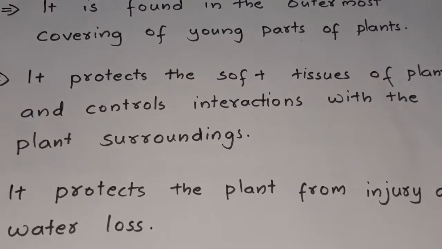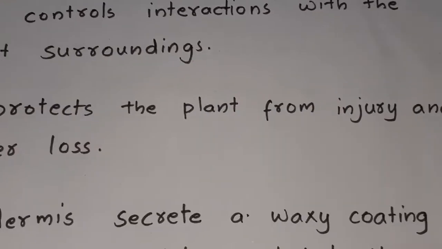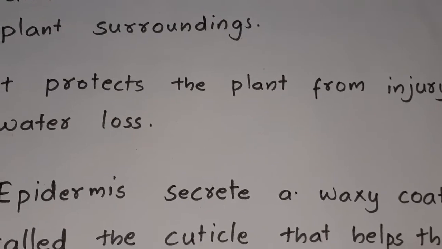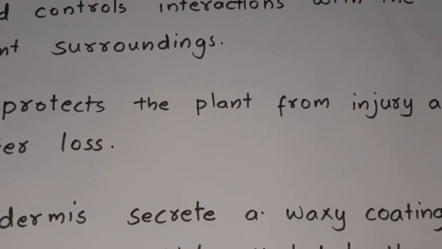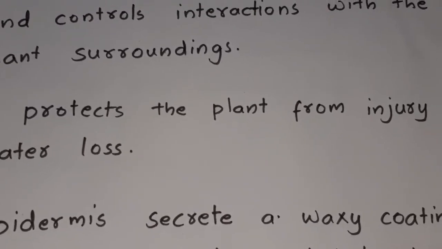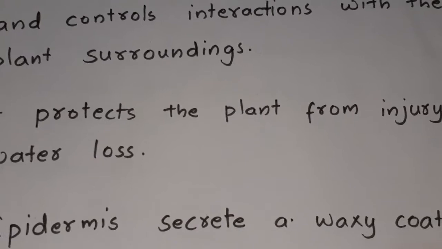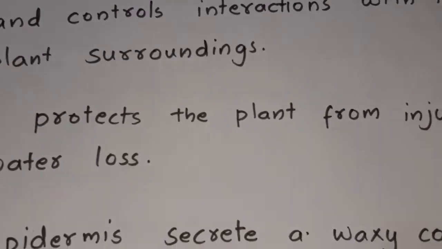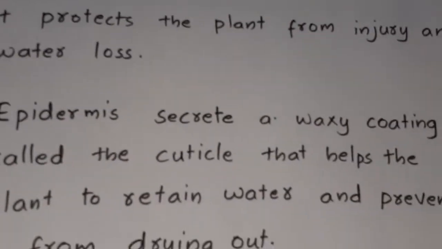So that is the third property. Fourth, it protects the plants from injury and water loss. You know there are so many chances of injury for plants. If someone is tying something or cutting or anything, it protects the plant from injury.